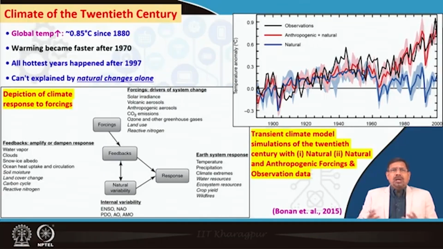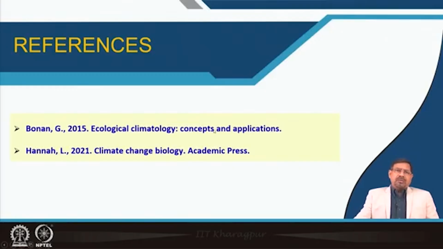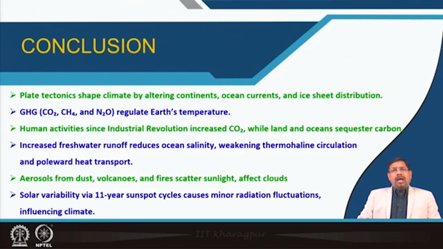So, all of us have started receiving the impact of climate change in terms of more and more extreme weather events. These two references, particularly the book by Gordon Bonan, Ecological Climatology, and Lee Hannah, Climate Change Biology, have been referred to, and many of these figures and diagrams have been taken from there and well cited. So, we conclude with this.